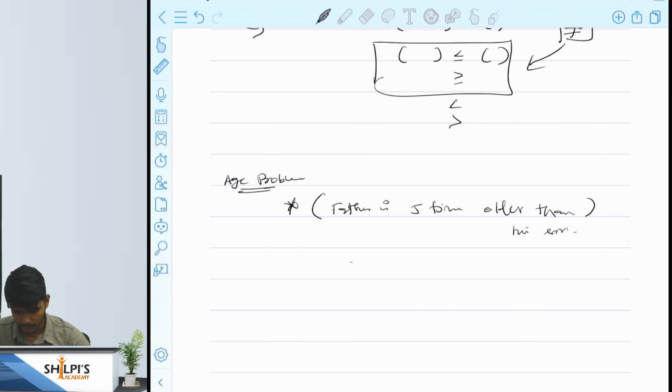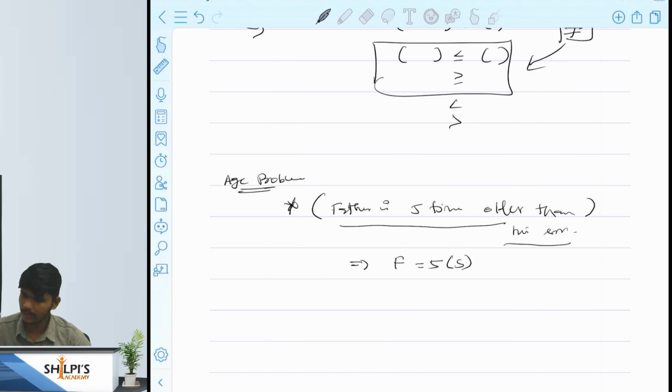What will we do? We will construct the algebraic structure for this sentence. How will it look? Father is 5 times the age of his son. We will write f equal to 5 into s. This descriptive problem gave us the equality condition.